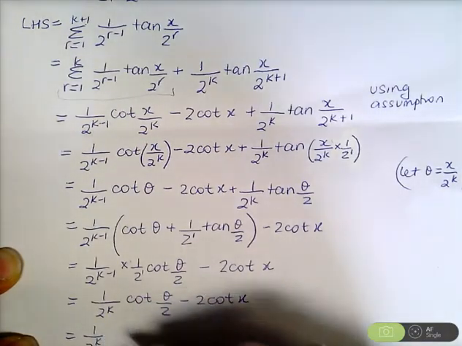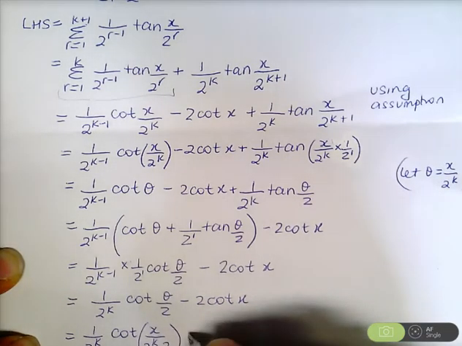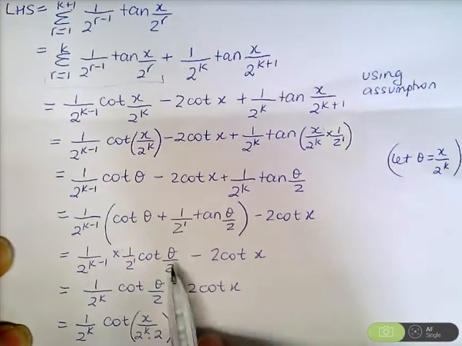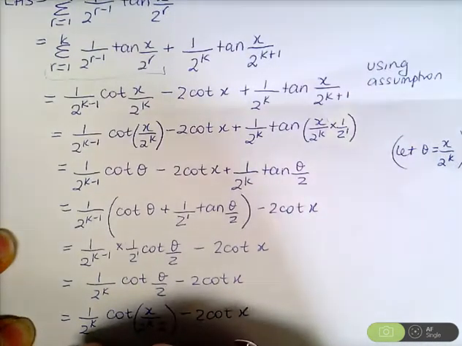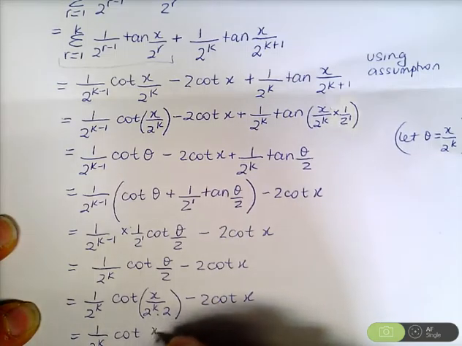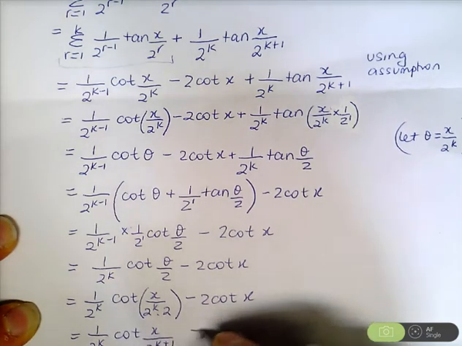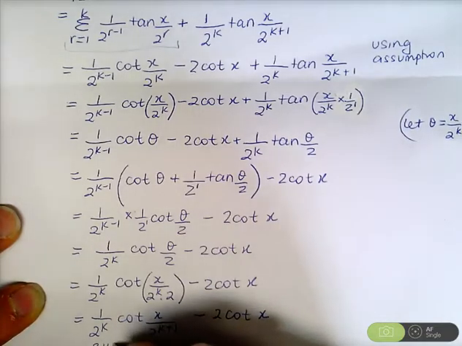So that's 1 over 2 to the power of k times cot of x over 2 to the power of k times 2 down there, because it's cot theta on 2, minus 2 cot x, which is our desired result: 1 over 2 to the power of k, cot of x over 2 to the power of k plus 1, minus 2 cot x, which equals the right-hand side.